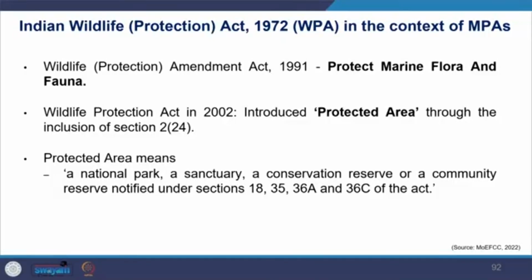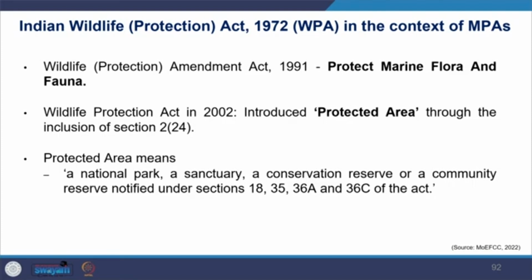So, now looking at the Indian Wildlife Protection Act 1972. This came with the need to protect marine flora and fauna, and this specially recognized and reflected the purpose of protecting wildlife.